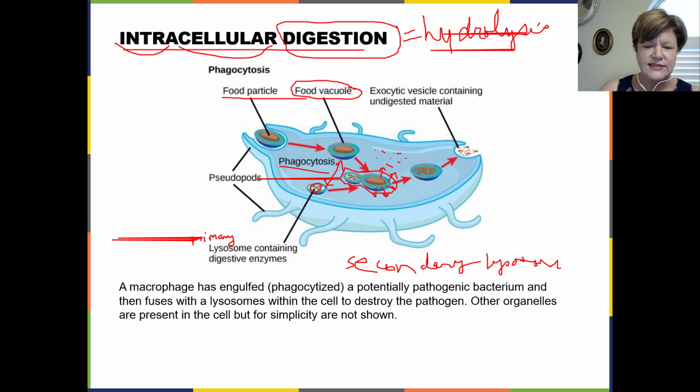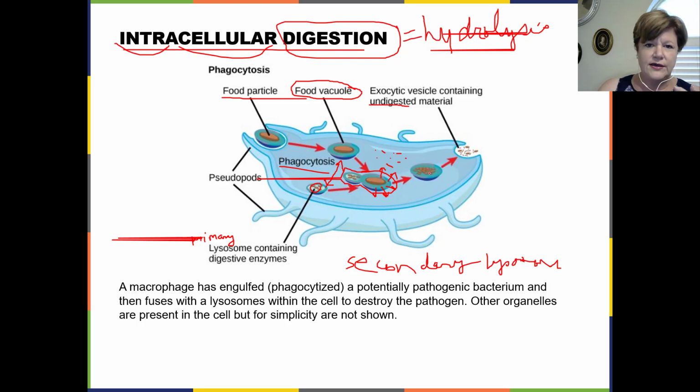And then whatever's left inside the secondary lysosome is waste, undigestible material. So for the cell, it's waste, just like for you, anything that comes out is waste. So that's stuff that could not be digested.